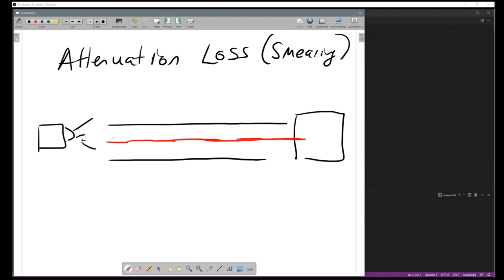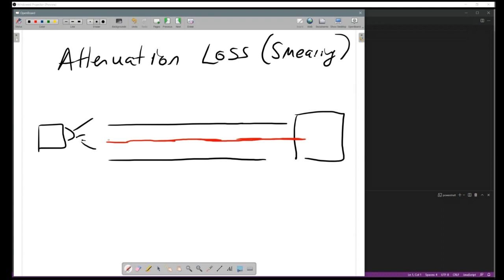So if the message goes perfectly straight, perfectly parallel to the tube, then the message is sent and received perfectly.